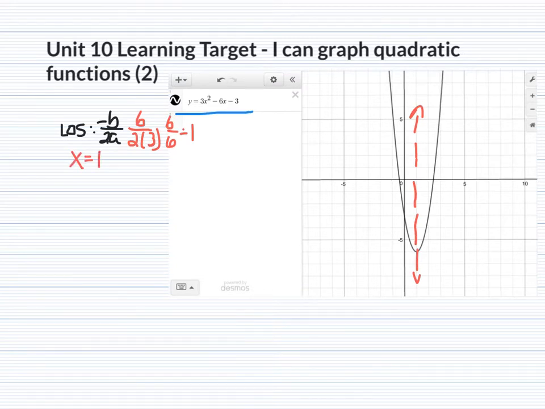Remember, we should take that x equals 1 and use it to find the vertex.